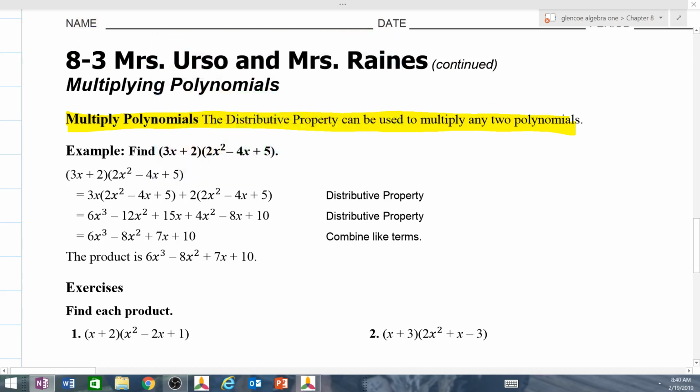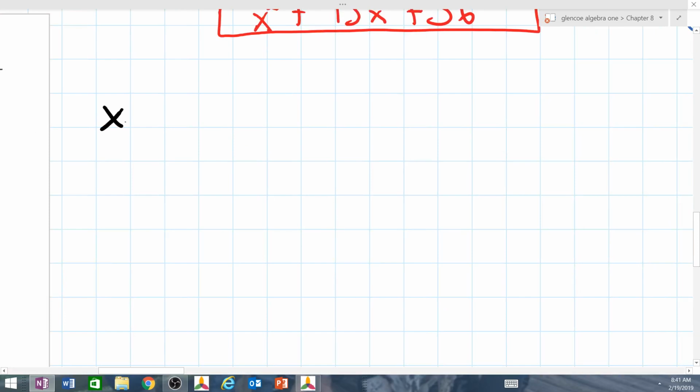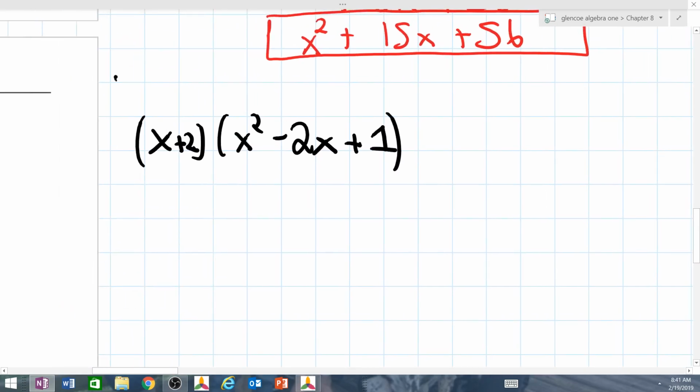All right, somebody read me this problem. Everybody see number 1 there? x plus 2 times x squared. Just read me that so I can do that for you. Okay, so this is part 2.